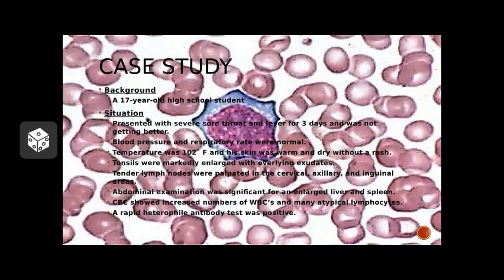A research article from St. John's University discusses the pathophysiology of mononucleosis. It starts when the patient is infected with the Epstein-Barr virus, which is actually a herpes virus that is transmitted through saliva. The virus mainly infects the back of the throat and tonsils, which is why our patient had such enlarged tonsils.